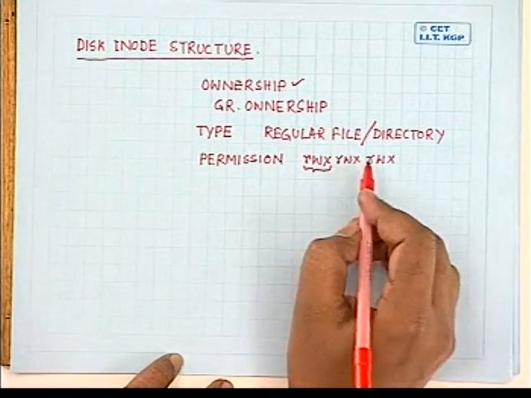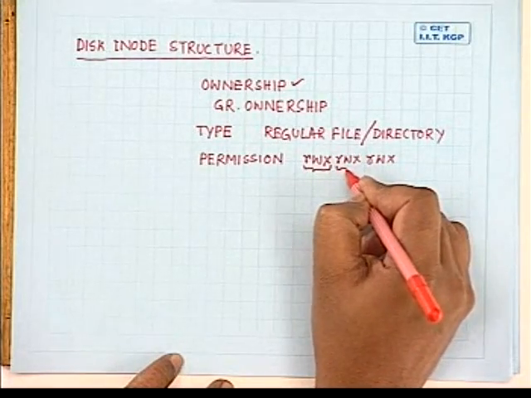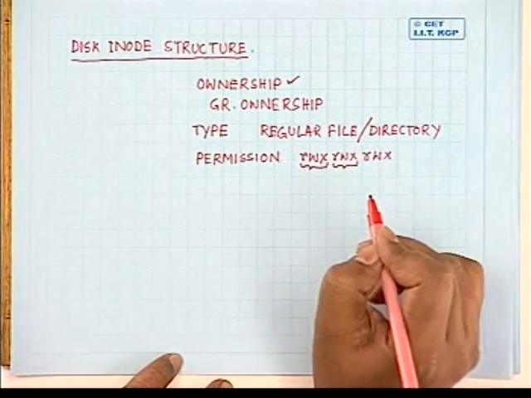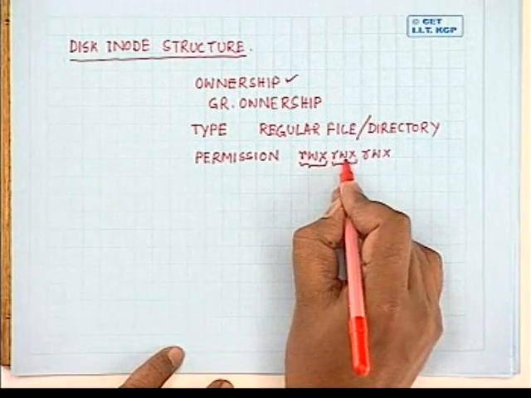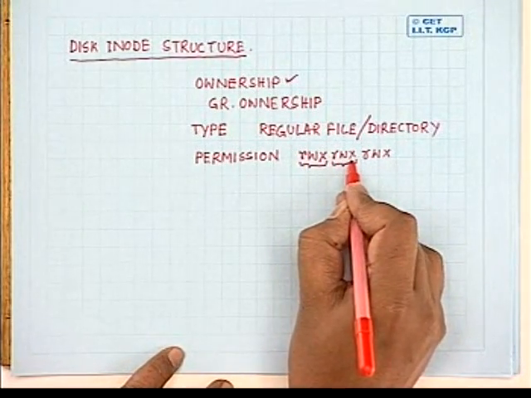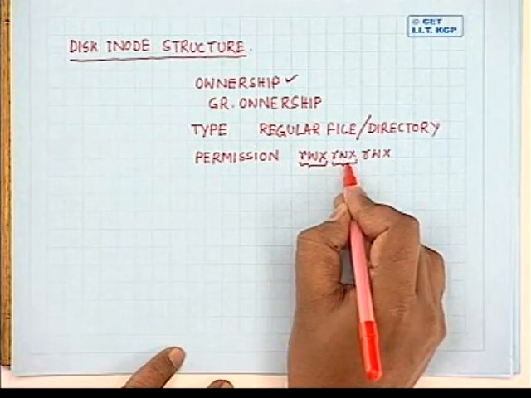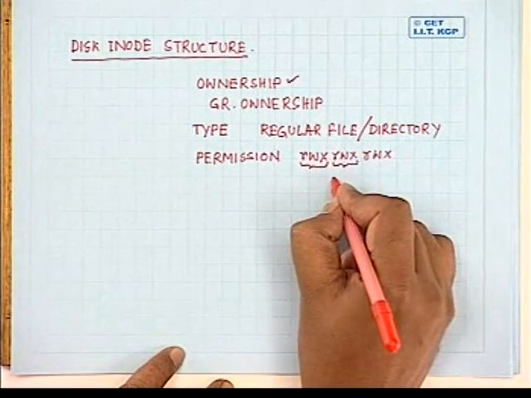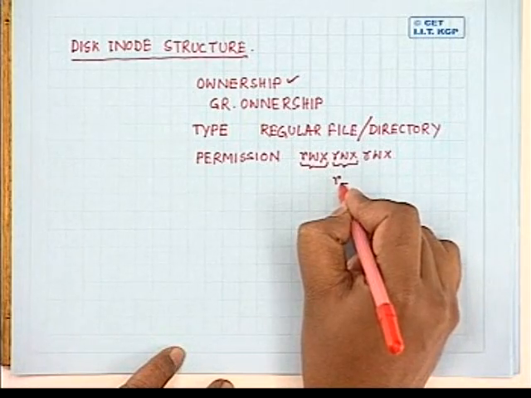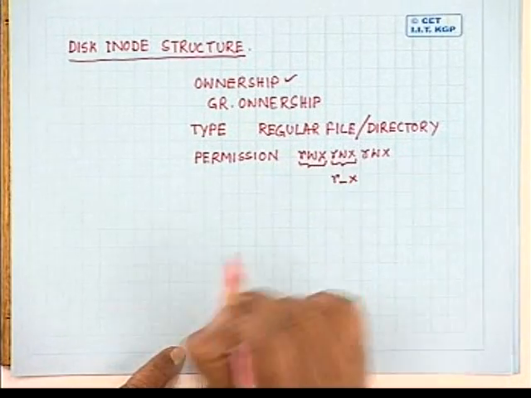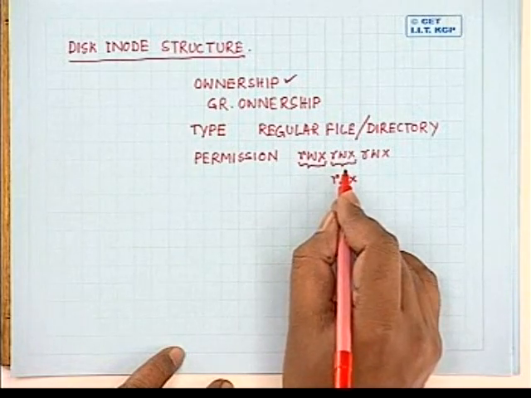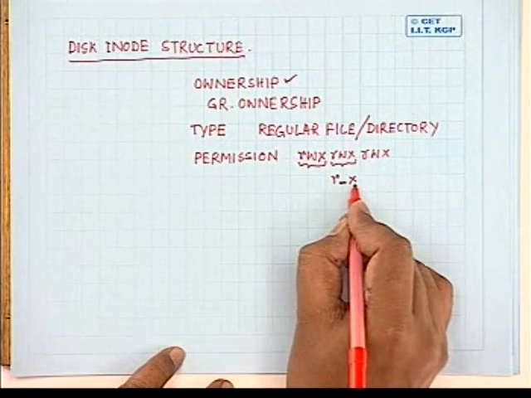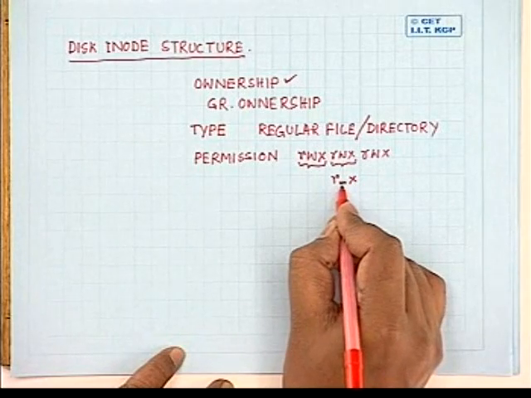The next RWX is meant for the group. That means every member belonging to the same group will have the permissions given in this RWX. In some cases, you will find that I have only R, then an underscore, then an X. It indicates that the other members of the group will have read permission and execute permission, but they don't have write permission.